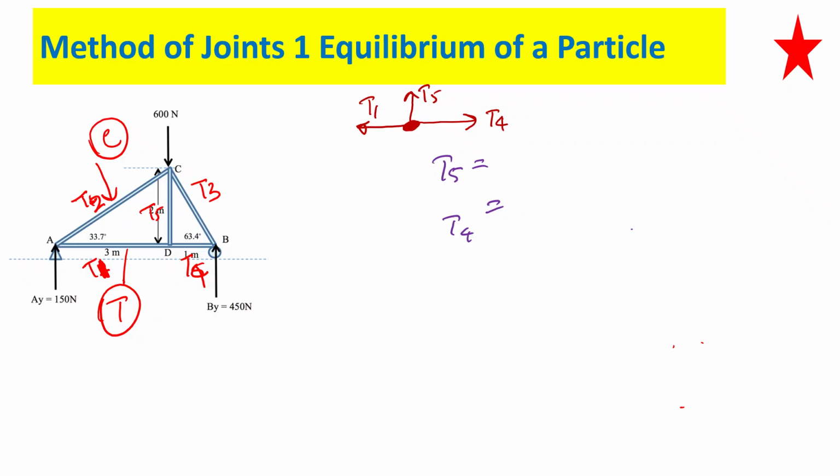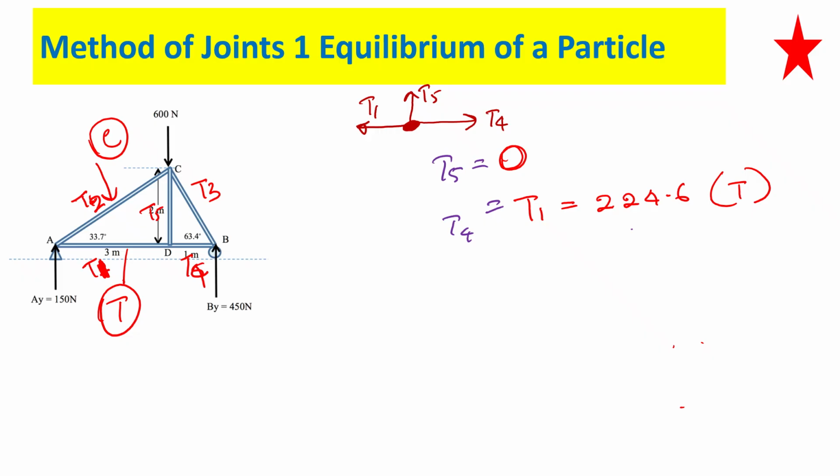Yes, T4 is equal to T1. Do you all agree with that? So what was T1? It was 224.6, positive, and our T4 is also under tension because you have a positive value here. How about T5? 0. So it's a zero load member.